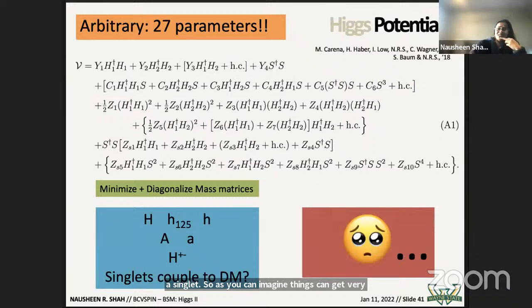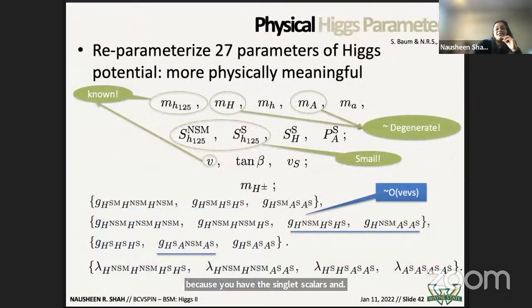And you have this huge, nasty mess with lots of different parameters. And you have now additional Higgses too, because you have the singlet scalars and the pseudoscalars as well. But you can still make progress by looking at things that you can know, and what certain things have to be small, and certain things have to be degenerate from electroweak precision things, etc.